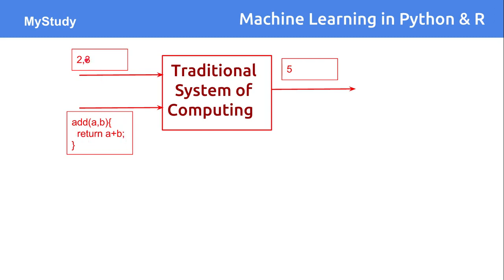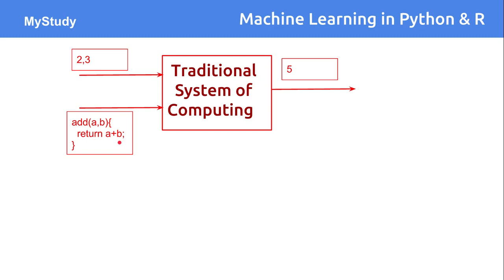Once we feed this data and program, the traditional system of computing will eventually give us the result. But every time, we need to encounter some logical or mathematical rule, we need to extract the pattern, and only then will the machine act on it and give us the result.